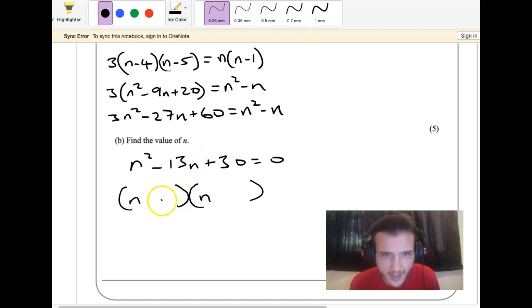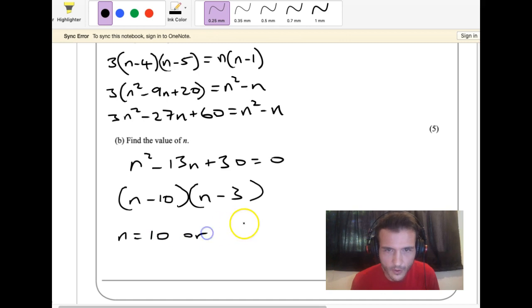It's going to be 10 and 3. They're both going to be negative because minus 10 minus 3 is minus 13, and 2 negatives multiplied make a positive, so minus 10 times minus 3 is positive 30. So n equals 10 or 3.